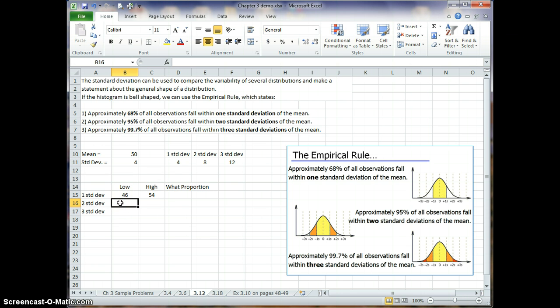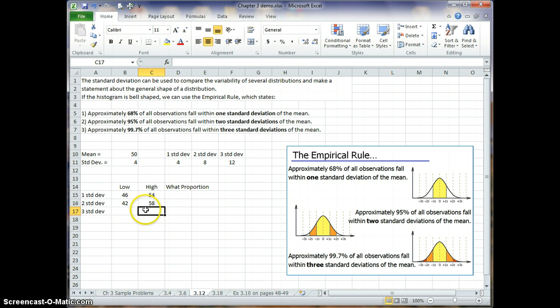We can do the same thing for 2 standard deviations, so it's equal to the mean minus 2 standard deviations, and then the mean plus 2 standard deviations.